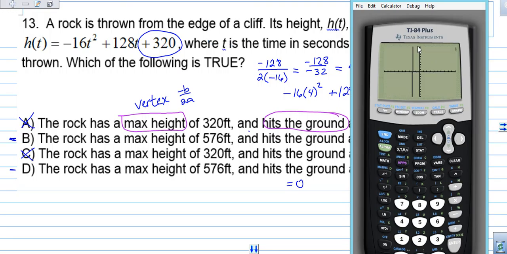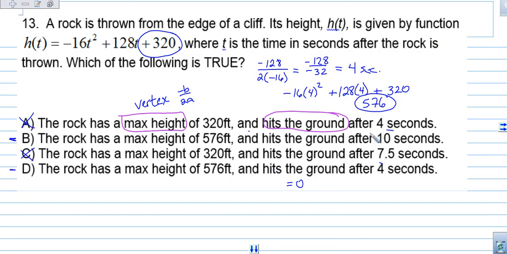You'll see it come up, so it got thrown from 320 feet, but then it came down. You see where it comes down? It came down right here. That's 1, 2, 3, 4, 5, 6, 7, 8, 9, 10 seconds. It took 10 seconds to hit the ground. And if you look back here, 10 seconds is right there. So the answer to number 13 is B.